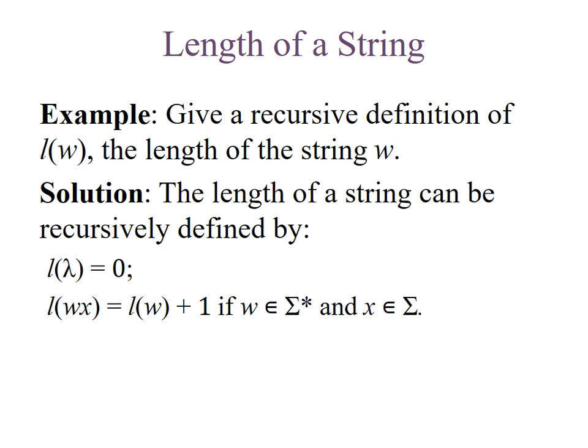So once we have W1 and X1, we can follow the definition. The length of WX equals L(W) plus 1. So we can calculate the length of LOV plus 1. And LOV can be further separated into W2 and X2, where W2 is LO and X2 is V. So we have the length of LO plus 2.